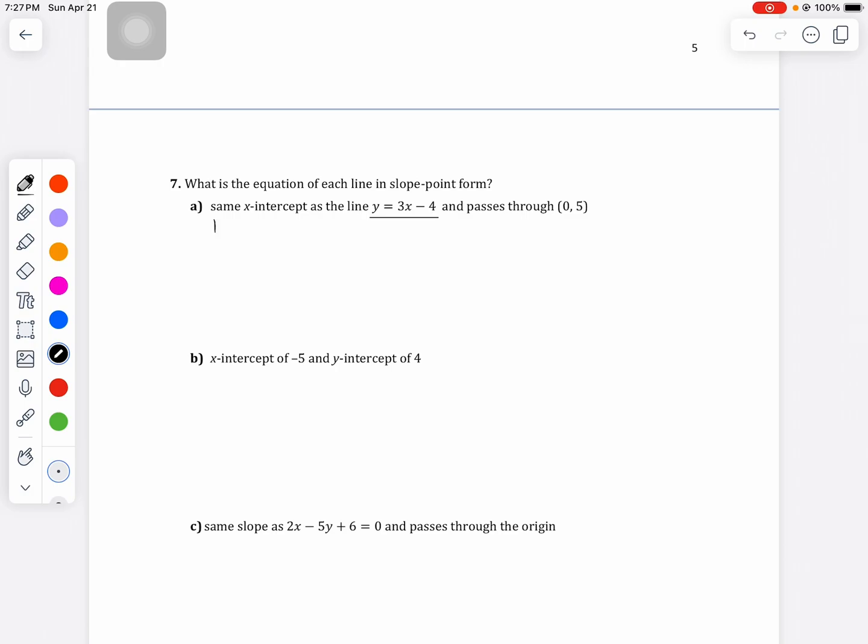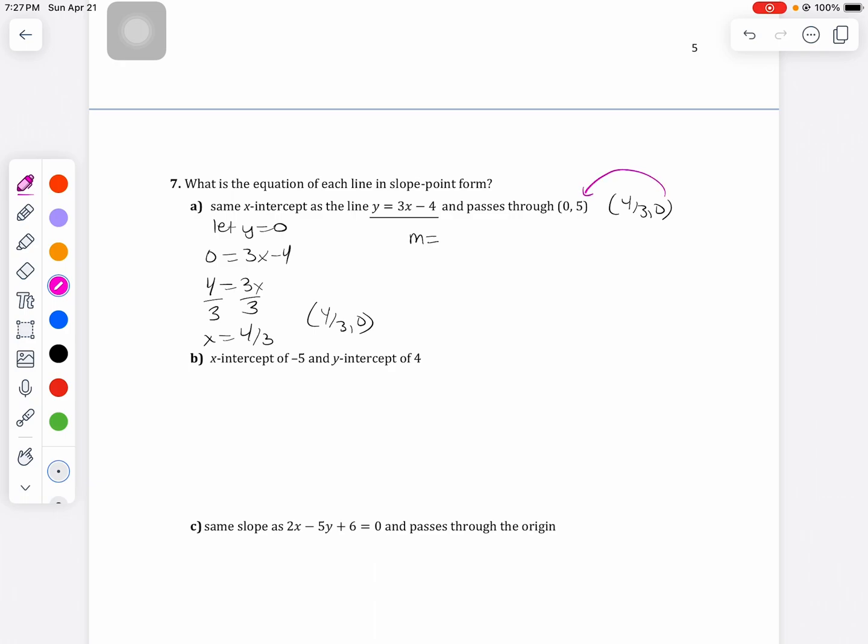This point, the x-intercept, we let y equal to 0. We get 0 is 3x minus 4, so x will be 4/3. So that's the point 4/3, 0. So now we have 2 points. If I want to find the slope, we're going to go y2 minus y1.